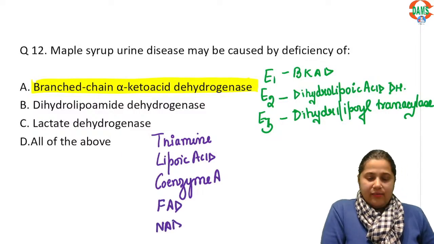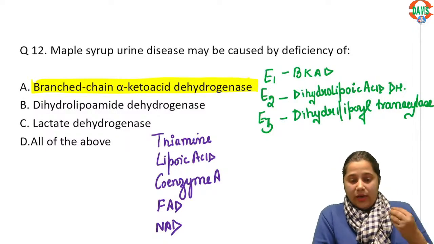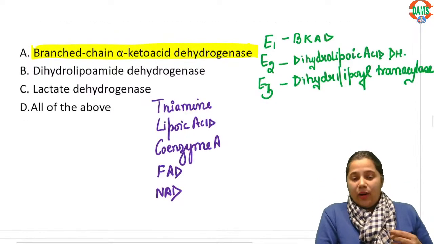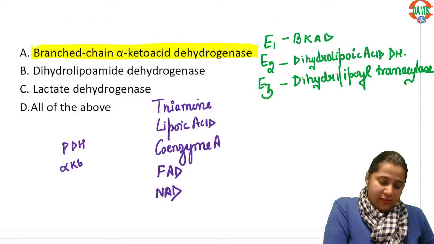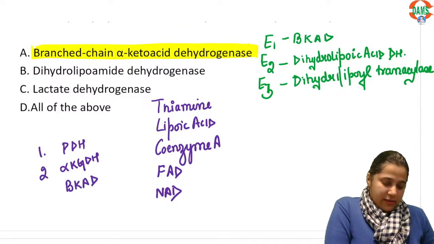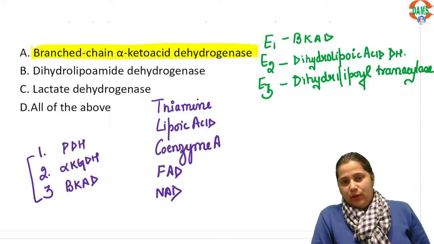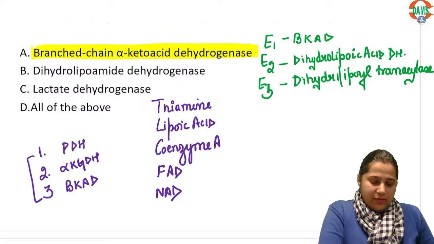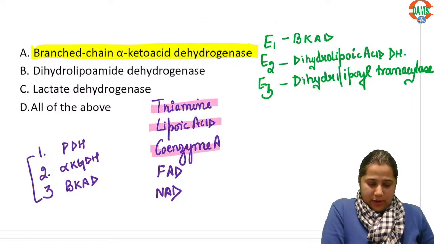We have seen earlier that there are other reactions which are made of E1, E2, E3 and require 5 coenzymes: PDH, alpha ketoglutarate dehydrogenase, and the third and last is branched chain ketoacid dehydrogenase. These are the 3 enzymes which are made of E1, E2, E3 requiring 5 coenzymes. This is important. You must remember what are the 5 things they require.